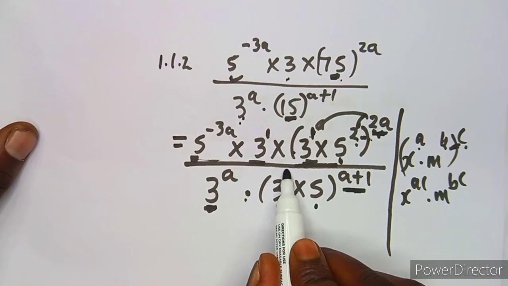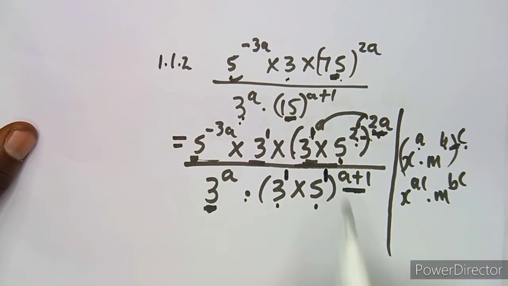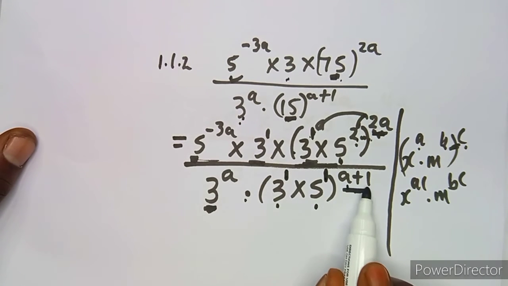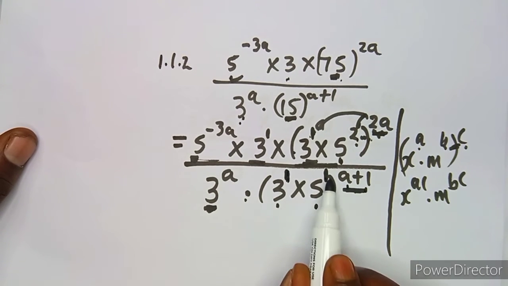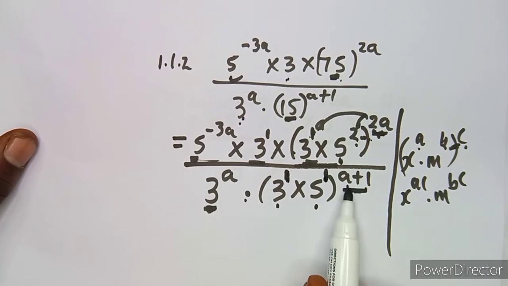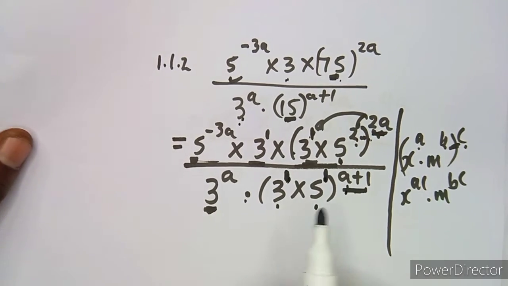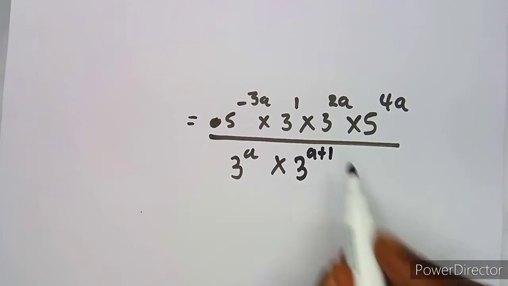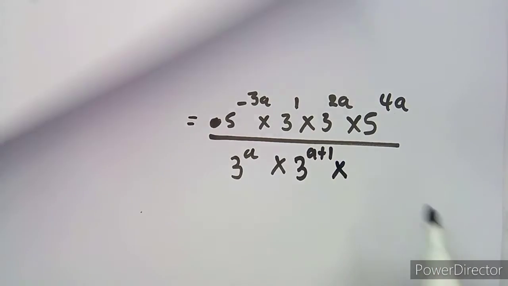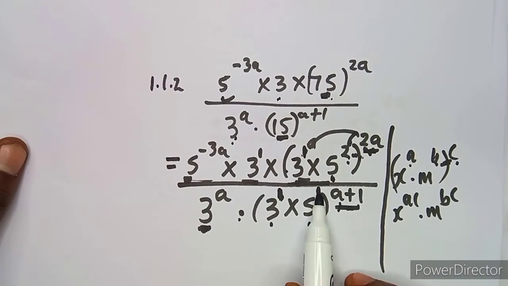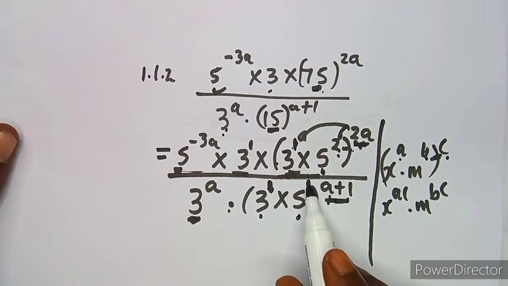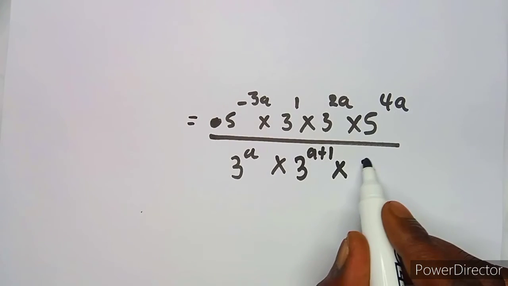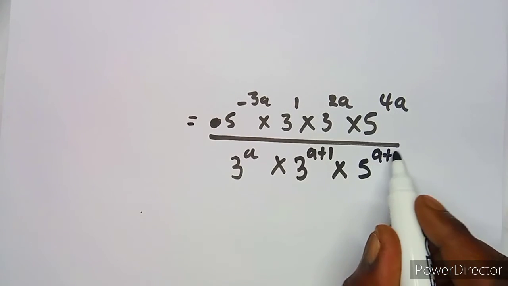This is same as to the exponent of 1 to the exponent of 1. So this a plus 1 is going to multiply 1 and also is going to multiply 1 here. So a plus 1 times 1, which is a plus 1. So it's 3 to the exponent of a plus 1 times, we do the same here, 1 times a plus 1, which is 5 to the exponent of a plus 1. So this is what we are having there.